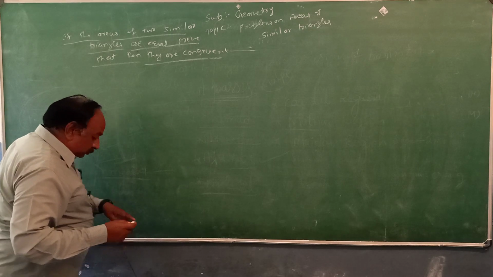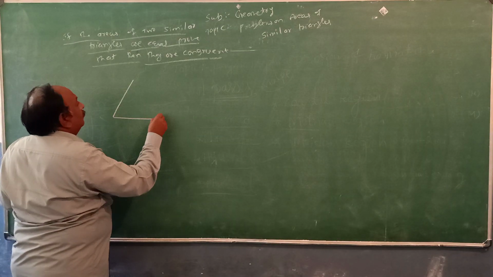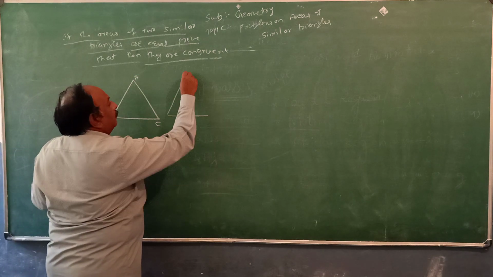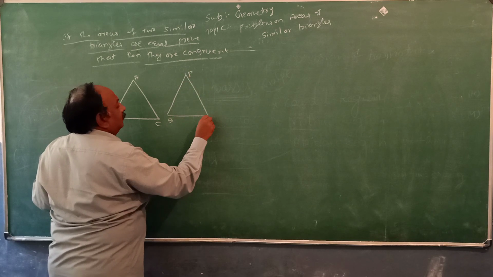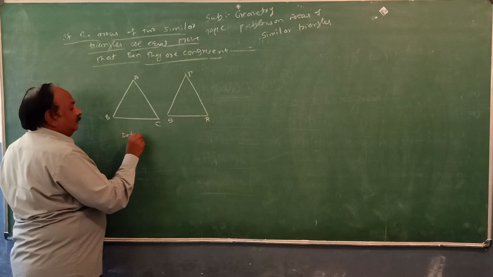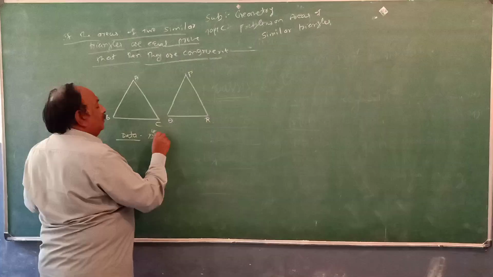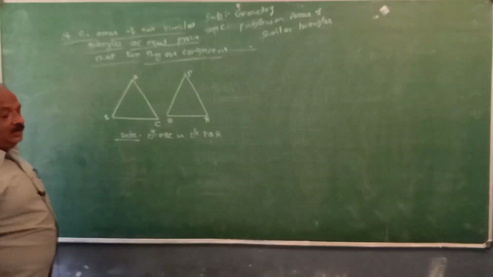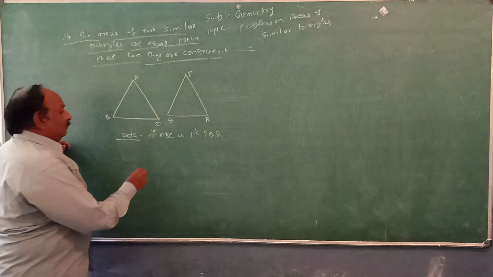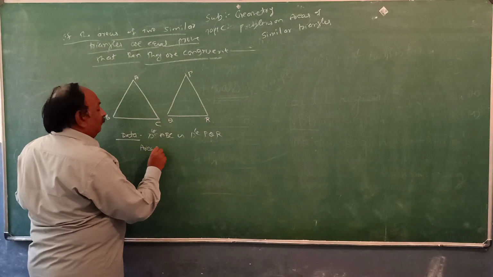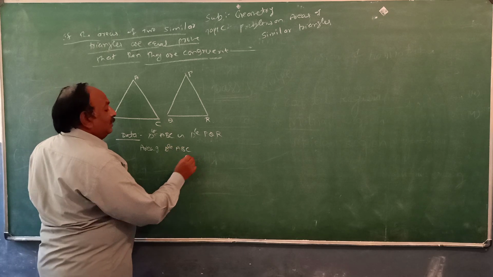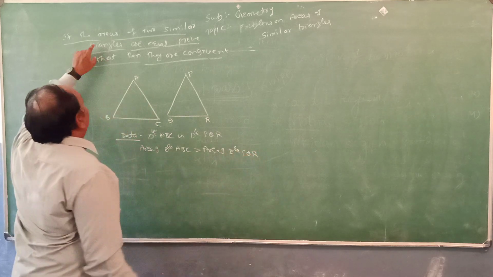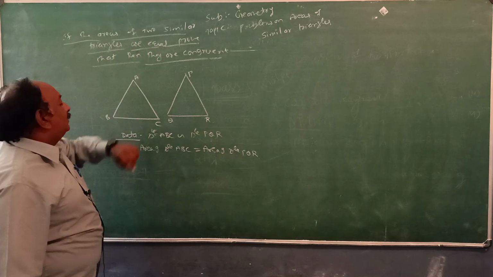Now let us consider two triangles ABC and PQR. Given: triangle ABC is similar to triangle PQR, and the area of triangle ABC is equal to the area of triangle PQR, because it is given that the areas of the two similar triangles are equal.